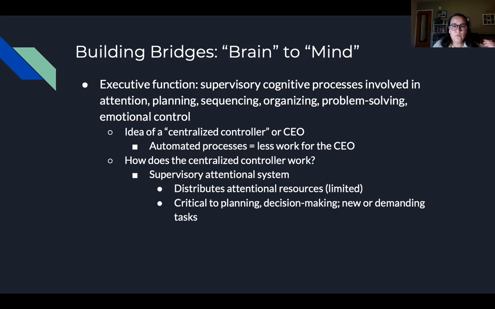And so with this centralized controller, the CEO, there is the development of more automated activities. These are really repeated processes, repeated behaviors that become, quote unquote, second nature. And this then allows for less involvement, less work for the CEO.